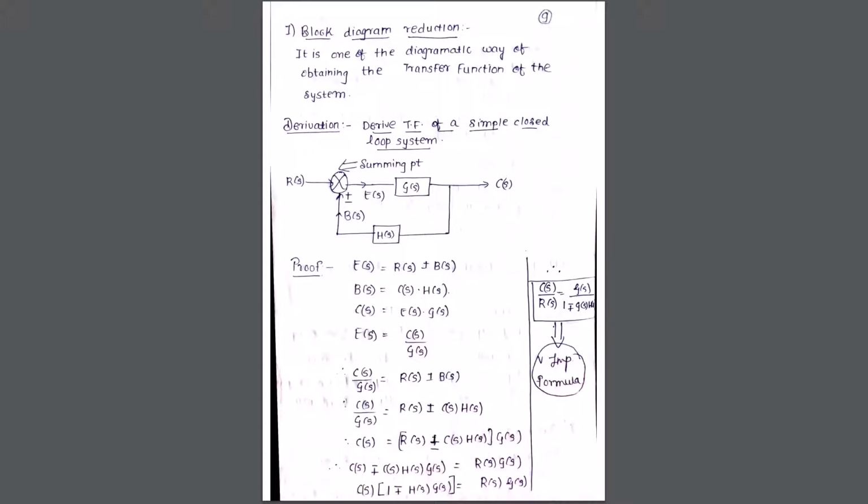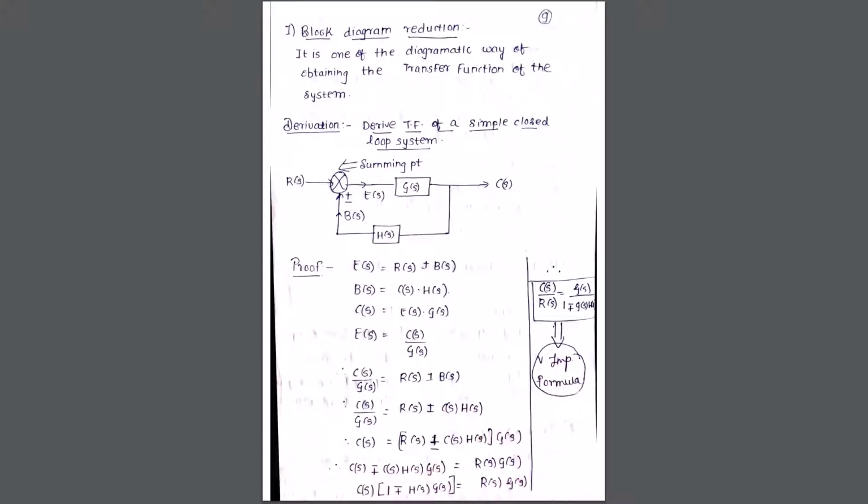Here is how you derive the basic formula for the transfer function of a simple closed loop system. Before going into the derivation, let's try to understand the diagram. The R(s), as I mentioned, is the Laplace transform of my reference input r(t). This is the summing point, which is used to do the algebraic addition of the two inputs given to it.